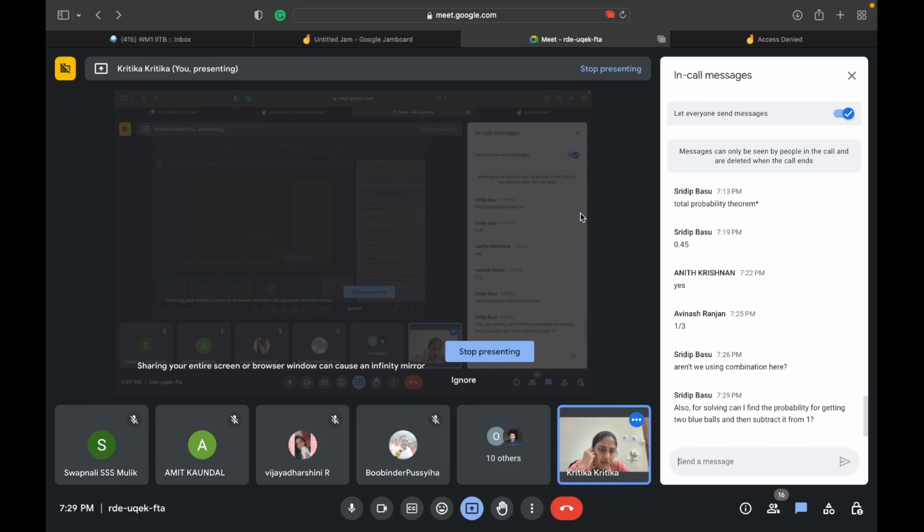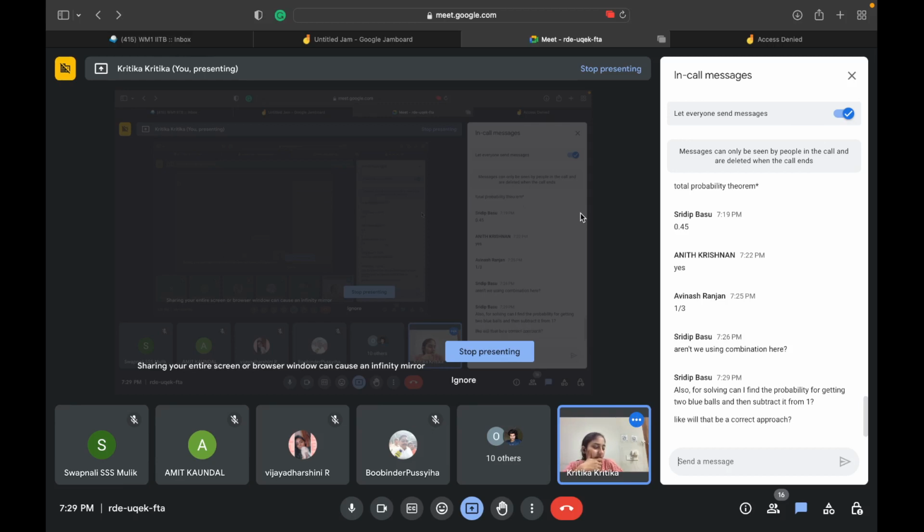So for solving, can I find the probability of getting two blue balls and subtract it from one? Oh, you can do that. So that will be 1 by 7 into 1 by 6. No, sorry, 2 by 7 into 1 by 6.